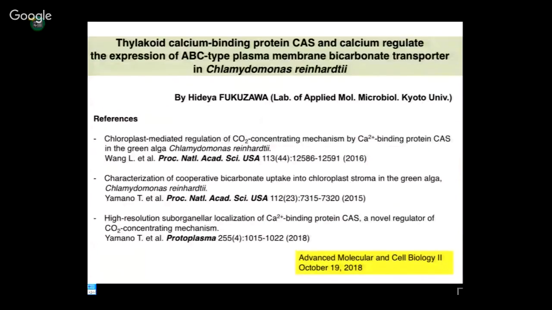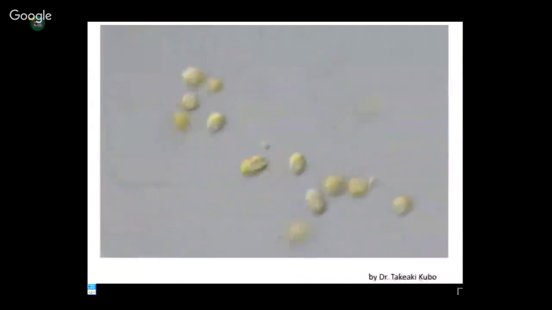And anyway, let's start the introduction of the model organism I'm working on. This is what we call Chlamy, but it is really a single cell, looks like yeast, but green. And moving, that means the animal with flagella, and the green means they perform photosynthesis.